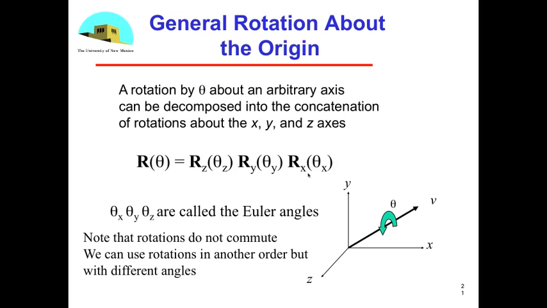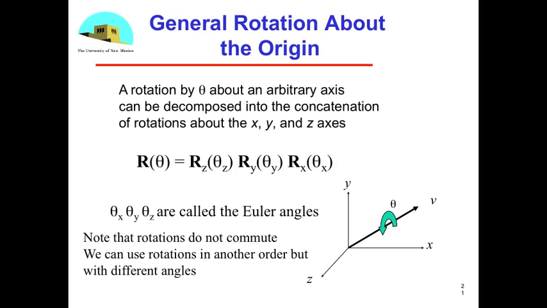We'll try and stick with X, Y, and Z when we use this form, but any other one is valid. And in fact, you can prove to yourselves that you could do X, Y, followed by another X if you choose the angles just right. And you see that in action sometimes if you're playing around with some application where you're doing the rotation by how you move your mouse on a touchpad or a trackpad.